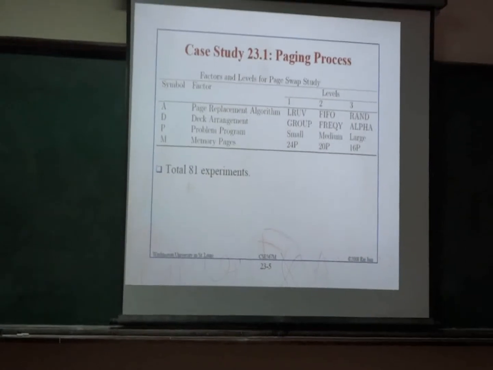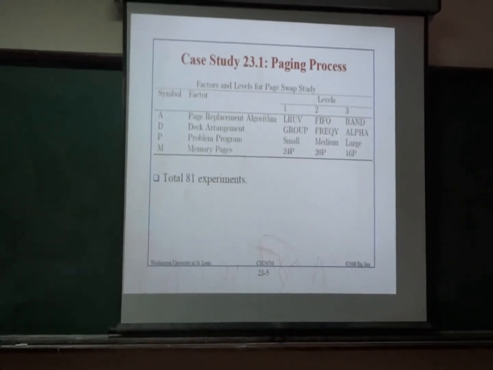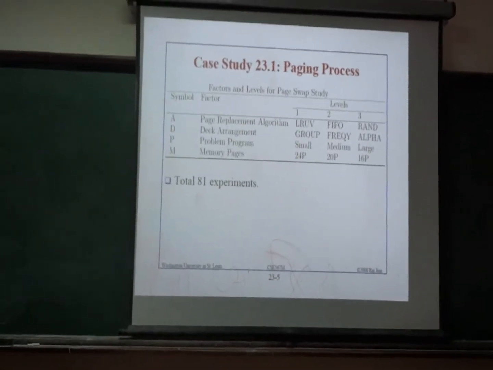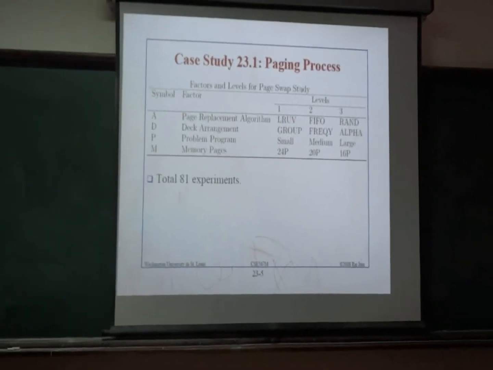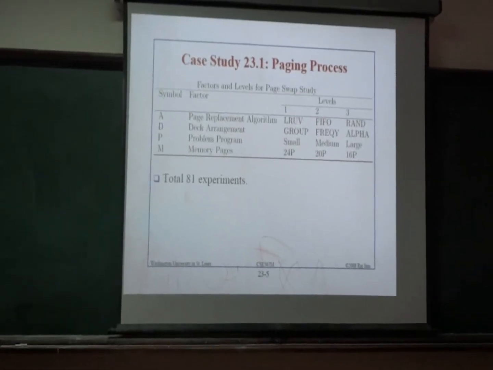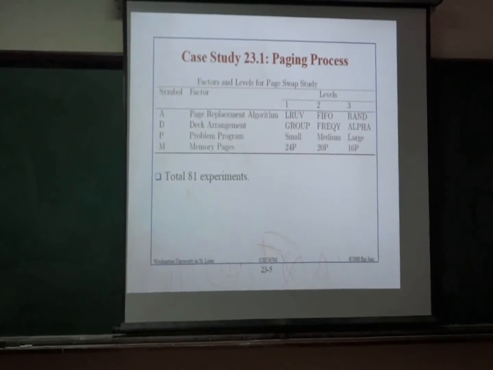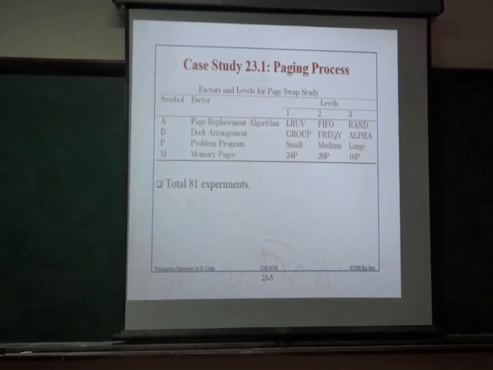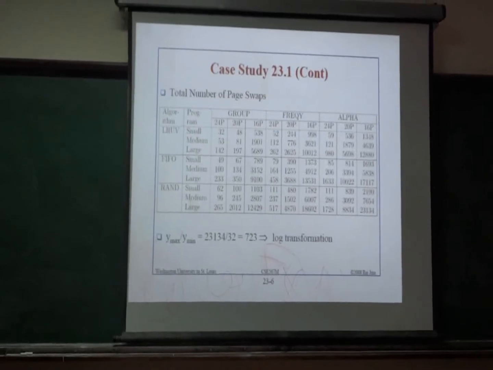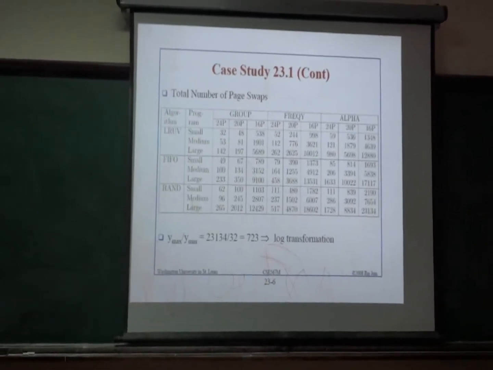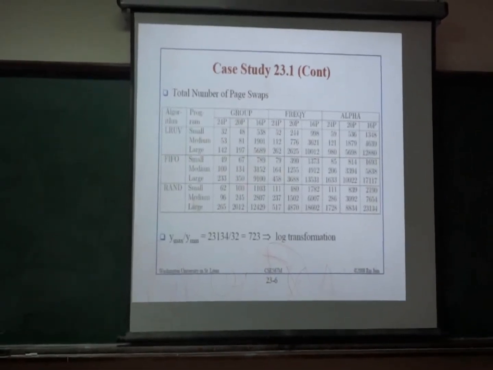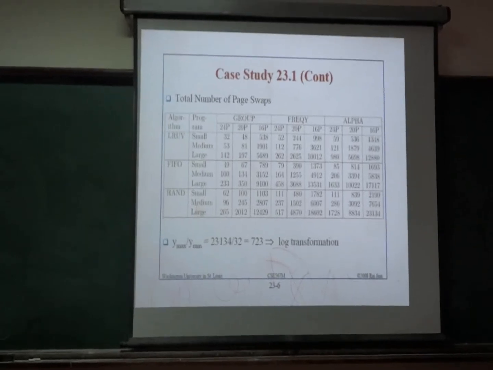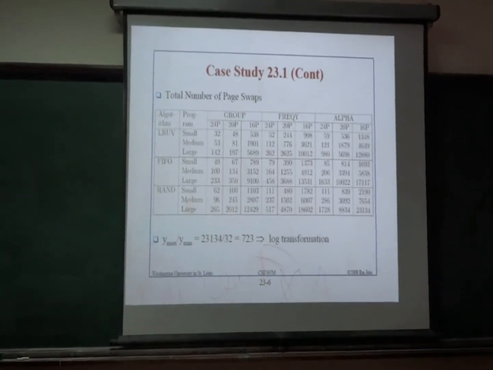The effect of 4 factors each at 3 levels was studied. The factors and their levels are listed in this table. Here the design consists of a total of 81 experiments, for which the number of pages swapped was measured. The measured values are listed in this table.